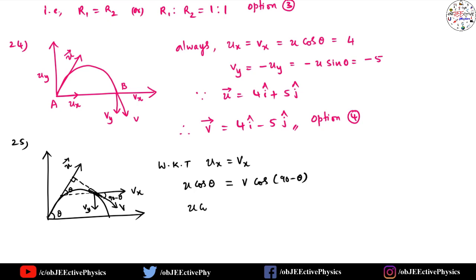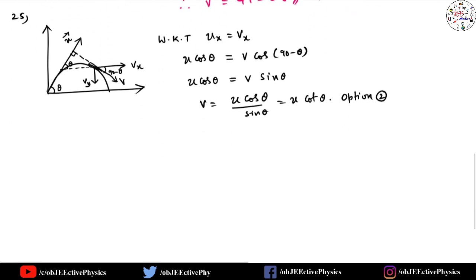That is u cos theta is equal to v sin theta, or v is equal to u cos theta divided by sin theta, or that is equal to u cot theta. U cot theta, that is option 2. So after a particular time, instantaneous velocity is perpendicular to initial velocity. What is that instantaneous velocity is the question.